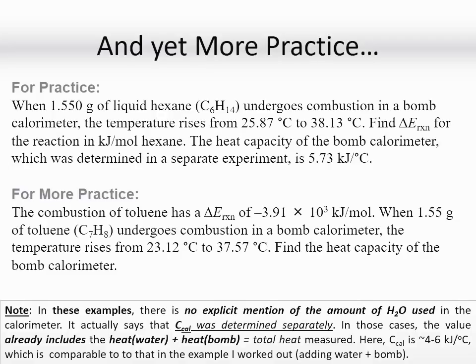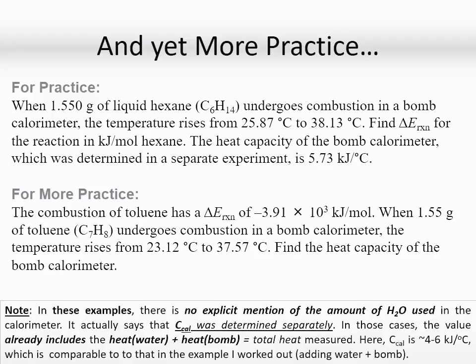Now, the next problem is for you to practice. One thing that I want you to observe is that for these two problems, we are not giving any specific amount of water. So if it's not explicitly said that you have a given amount of water, then you have to assume that the heat capacity already includes the water plus the bomb.